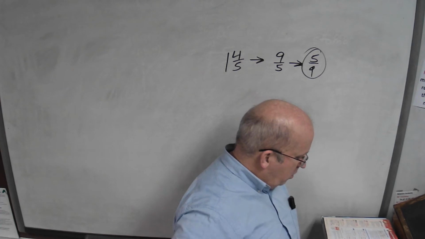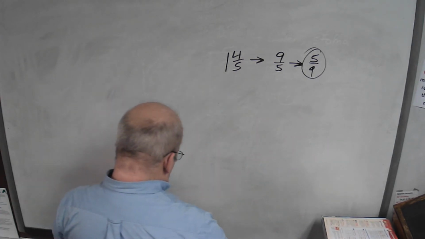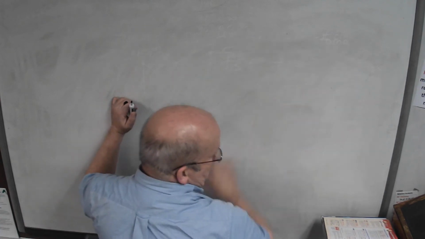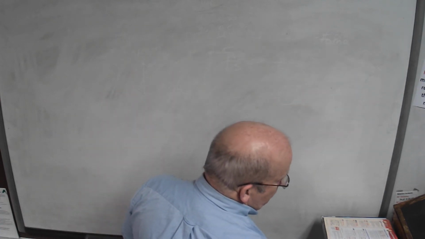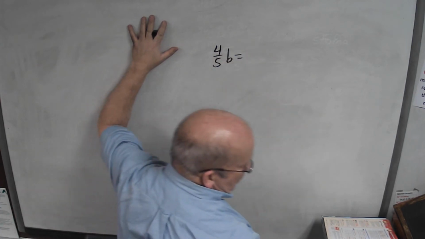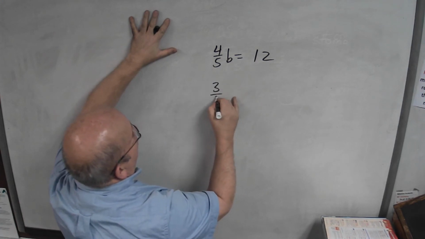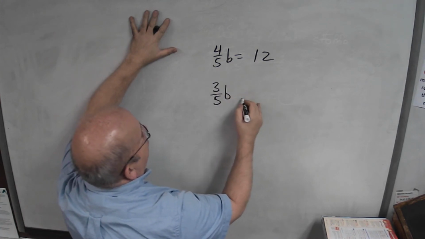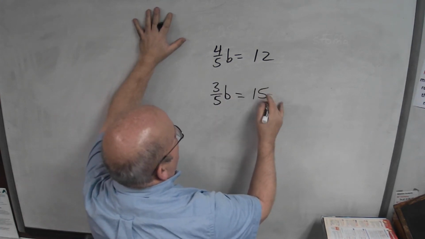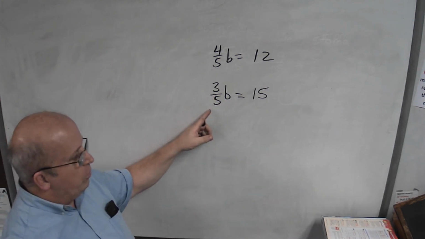41 to 43. Do you remember how to solve those equations? I'm going to do one similar to 42. 42 says 4/5 times b equals a positive 12. I'm going to go with 3/5 times b equals 15. Well, b is attached to 3/5 by multiplication.